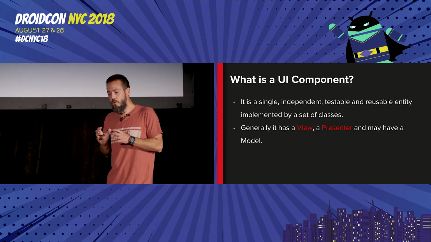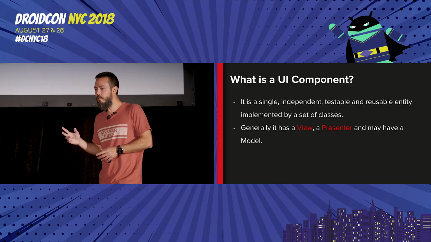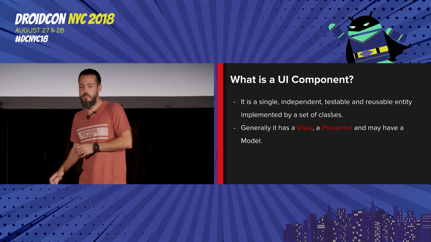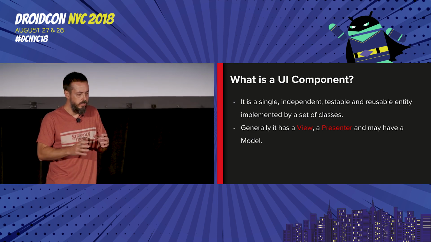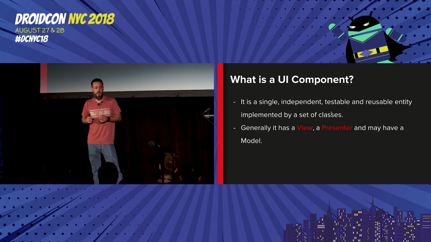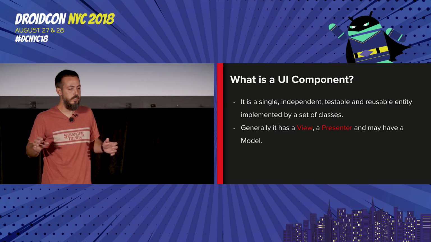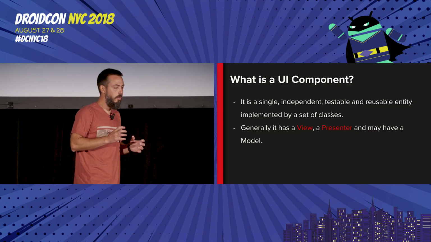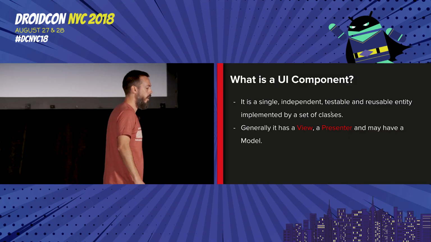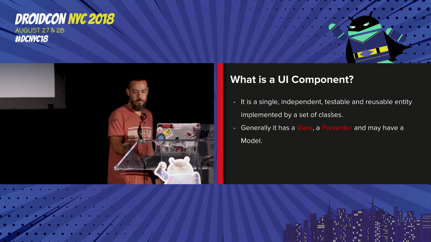Every single UI component doesn't know anything about the other one. So going back again to the player context, the loading screen doesn't know anything about the other UI, and the other UI doesn't know anything about the loading screen. They don't have references, they don't communicate with each other. They just know what to do when an event arrives.